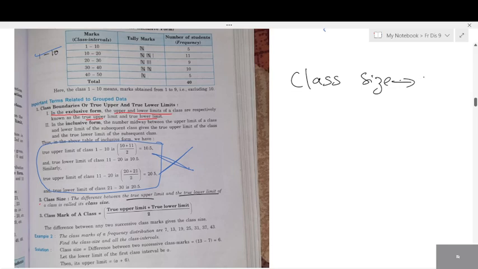What difference meaning is? Subtract. But what about class marks? Add or subtract? Add, and you have to add and divide by 2. Other things are same, right? Upper limit, lower limit. So for class size, you have to subtract. For class marks, you have to add and divide by 2.